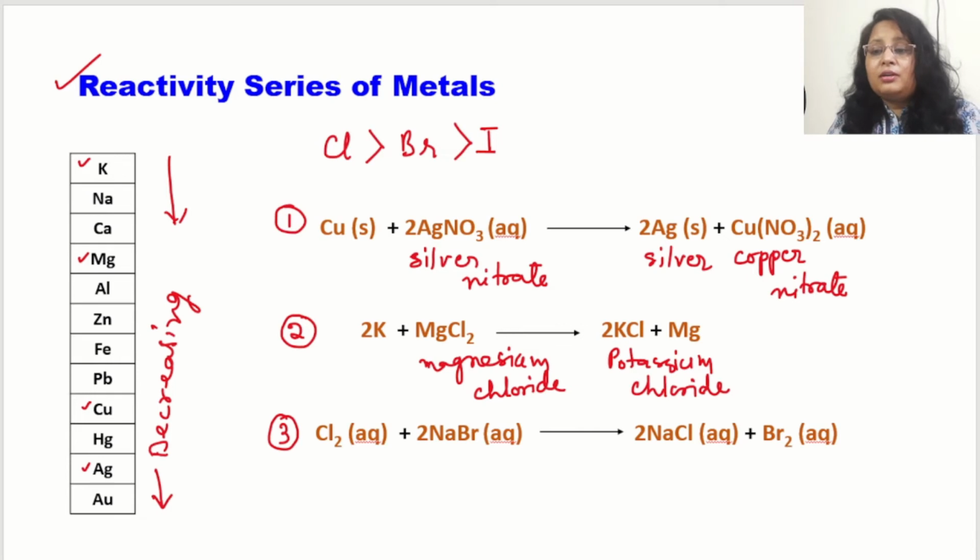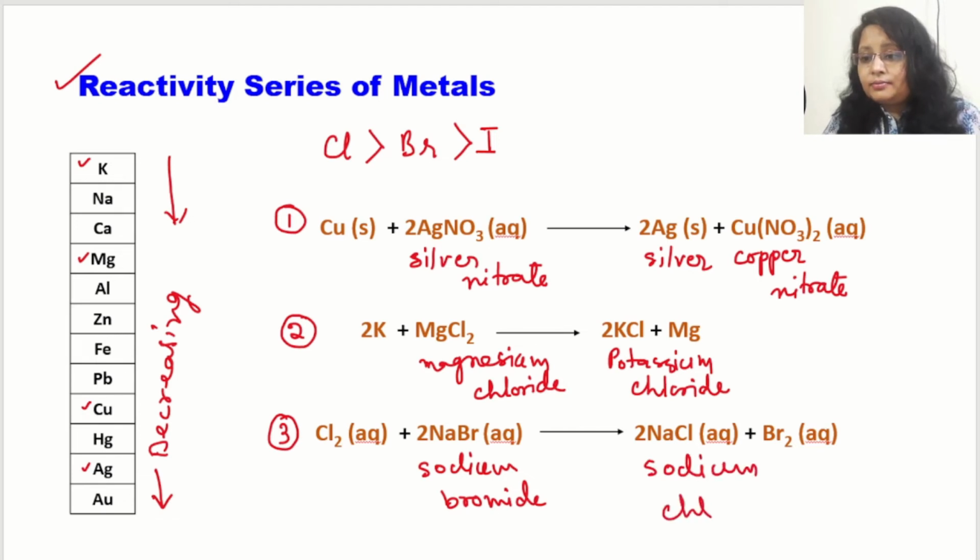It means chlorine displaces the bromine from sodium bromide and takes its position. Sodium bromide will break and chlorine will take the place and makes sodium chloride, and bromine is left behind in the aqueous solution. So this is all about single displacement reaction.